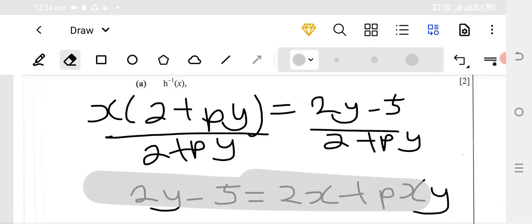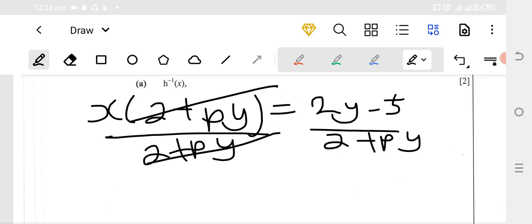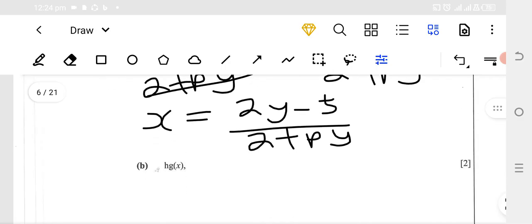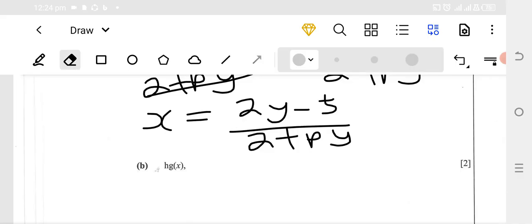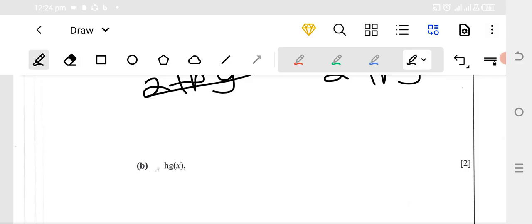You clean off, this and this will cancel out, giving you x is equal to 2y minus 5, you divide by 2 plus py, and then to conclude, I don't have enough space, so I'm just going to conclude here.